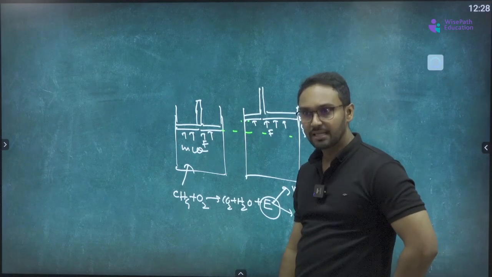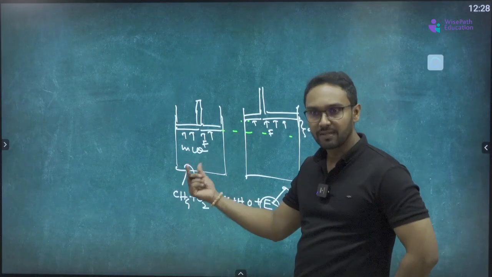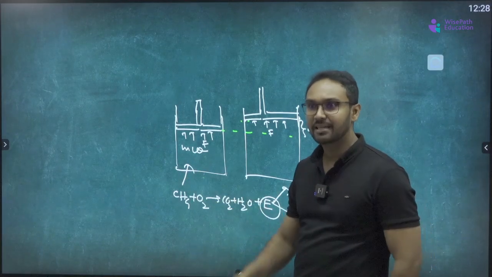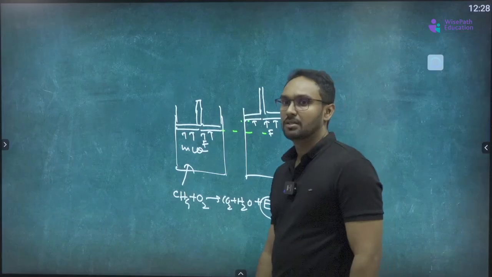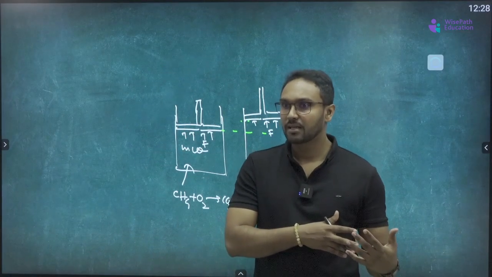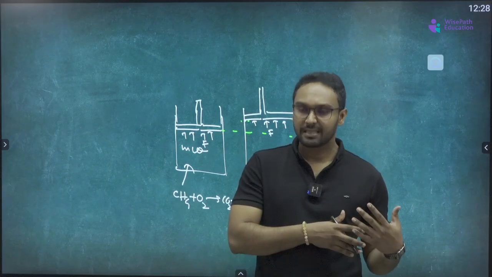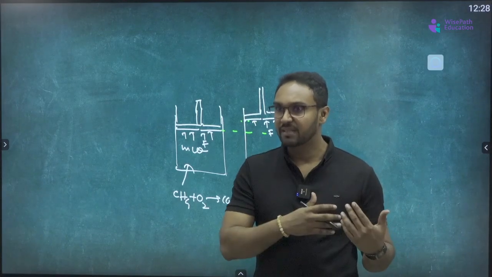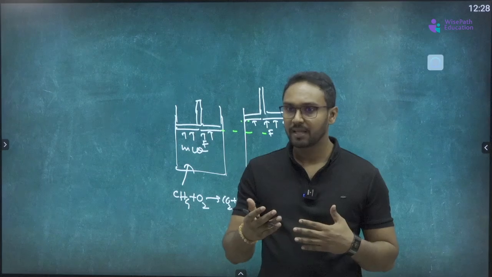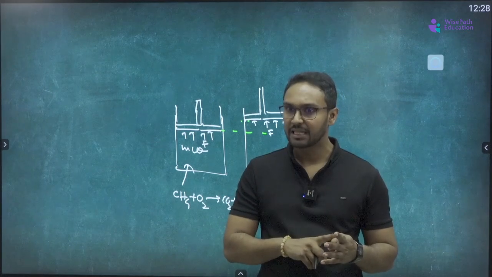You calculate it using the work done and the heat release, right? That is why, from the very beginning, I told you that energy is exchanged between the environment and the system in two ways. One is work done and the heat.